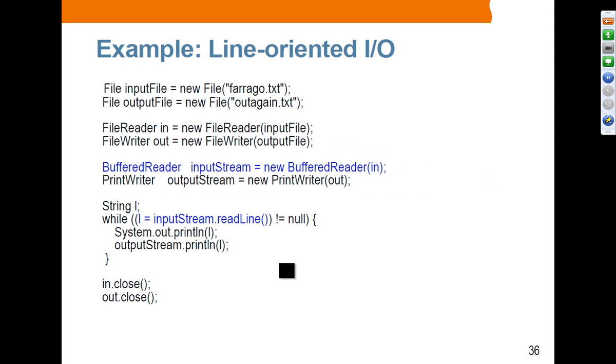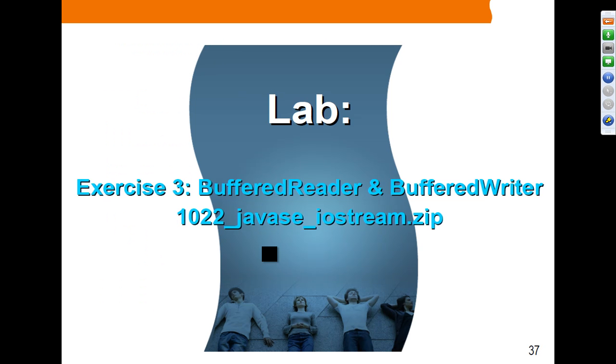So we have a buffered reader here, and then we can call the readLine method to read a line. Basically we want to read all the characters up to \n or \r\n. Okay, so that is line-oriented I/O.